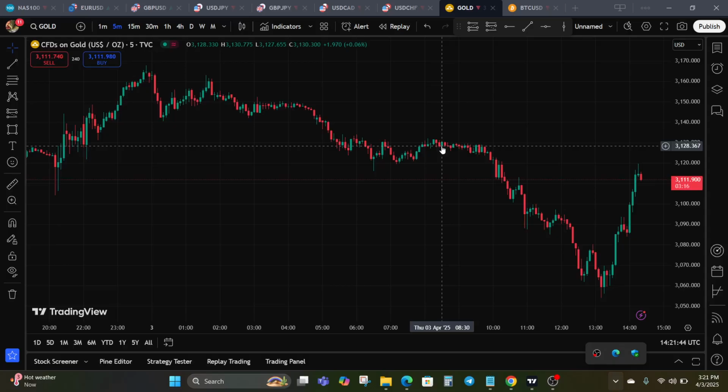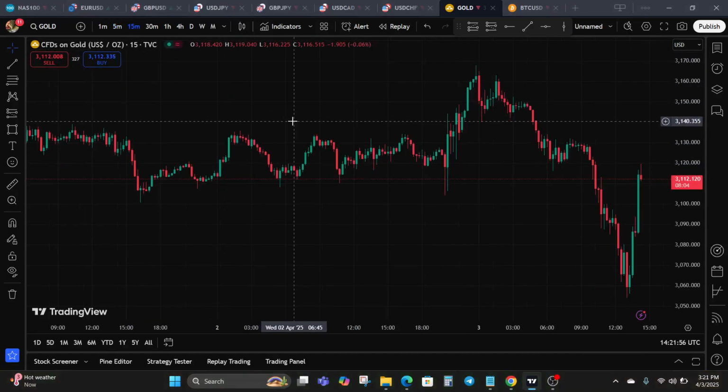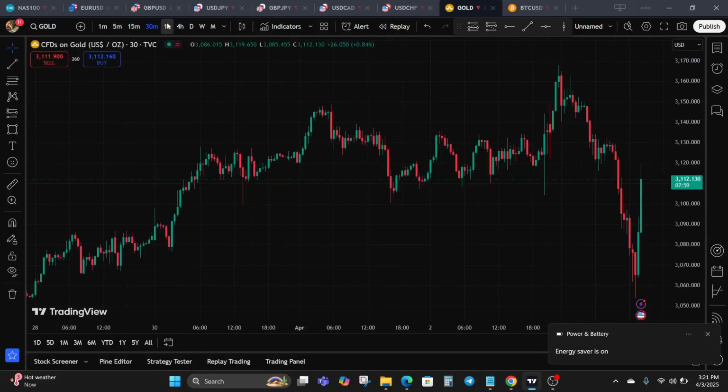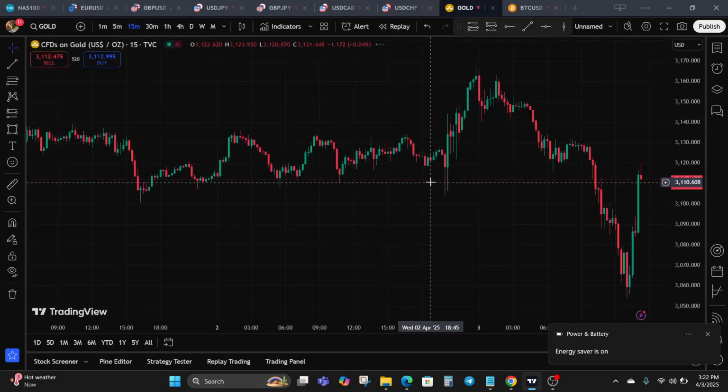Now, XAUUSD or gold offers a range of opportunities throughout the day due to its wide fluctuations in price, especially during key market hours. Choosing the right time frame is crucial when day trading gold, and the best time frames for gold day trading are typically the 15-minute chart, 30-minute chart, and 1 hour chart. Now the 15-minute chart is ideal for intraday movements and shorter trade durations.